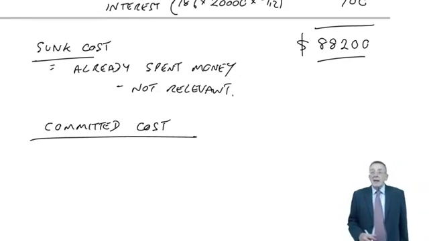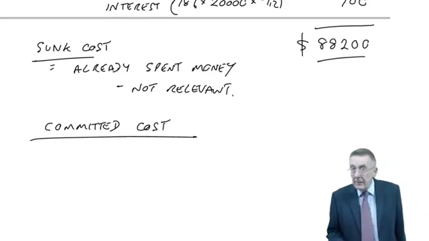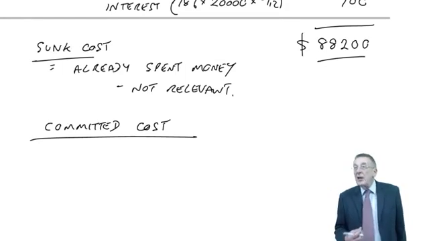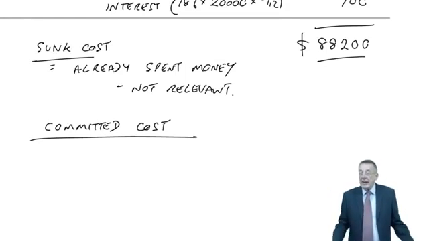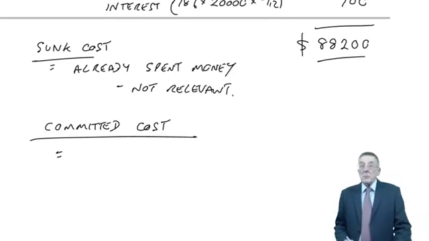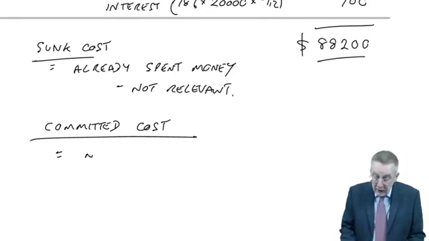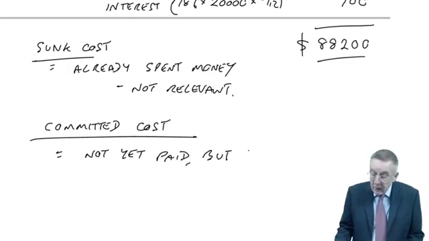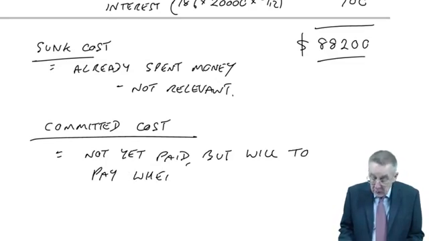a committed cost is where you haven't yet paid the money, but you're going to have to pay it, whatever happens. So a committed cost is where you've not yet paid, but will have to pay whether or not we do the new work.